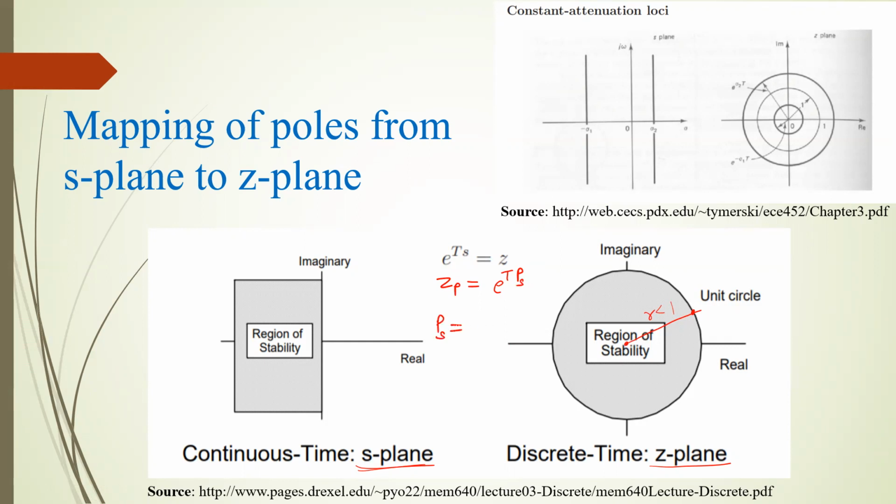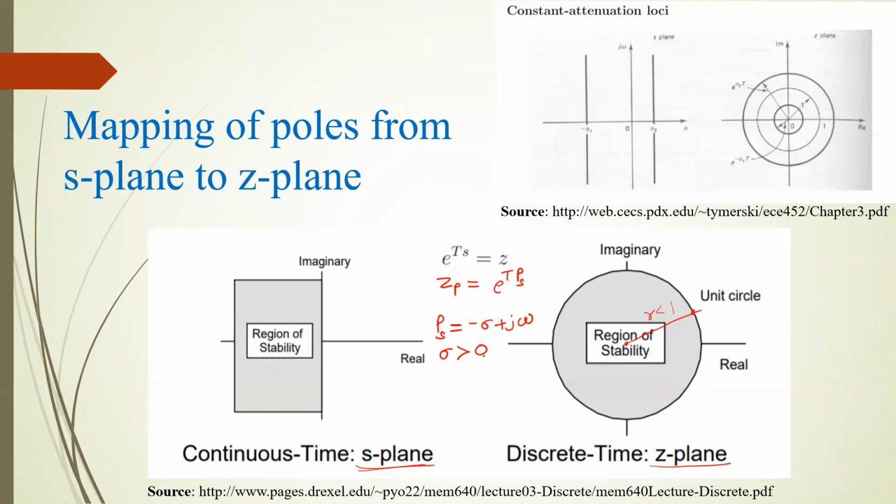In general, we can write it as minus sigma plus j omega, where sigma is always greater than 0.